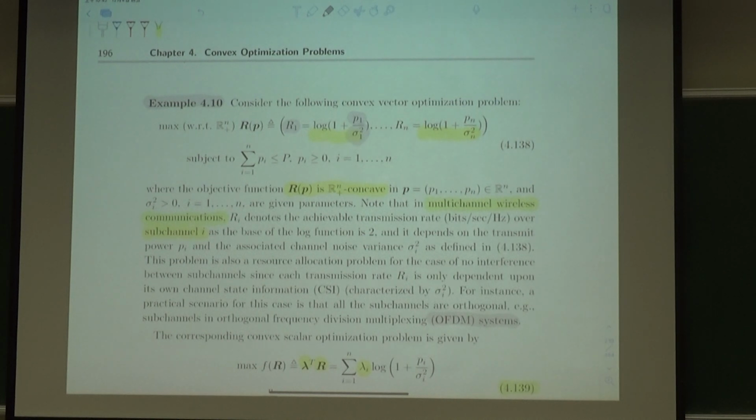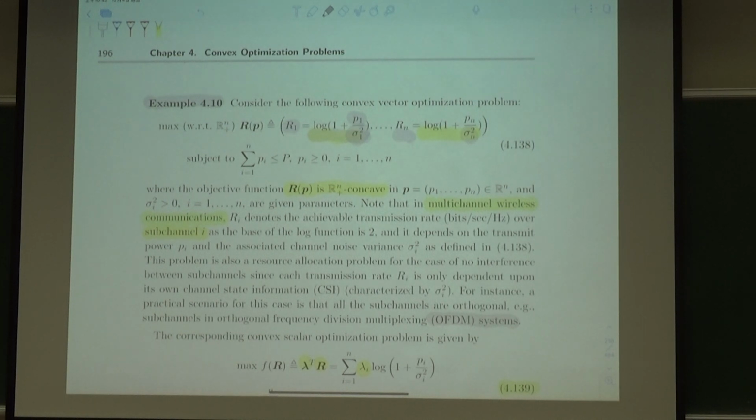So only AWGN, no difference between subchannels. For user 1, this is the throughput rate by Shannon capacity theory: log 2 of 1 plus P1 over sigma 1 squared, in bits per second. Then this is user n.